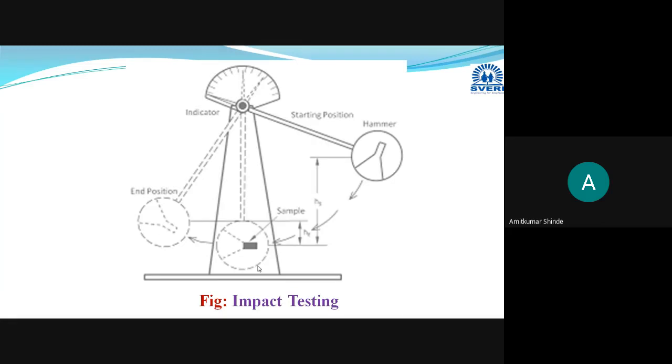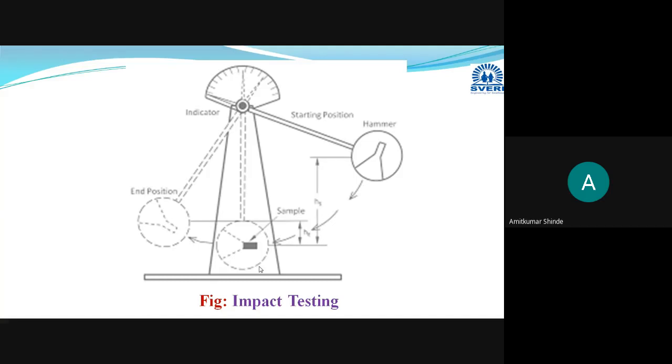Both tests will be similar, just one arrangement will be different, or the fixing of the particular specimen we are doing in a different way. That's why different names are given: impact testing and tensile impact energy testing. These are the last two testing methods for the plastic material.